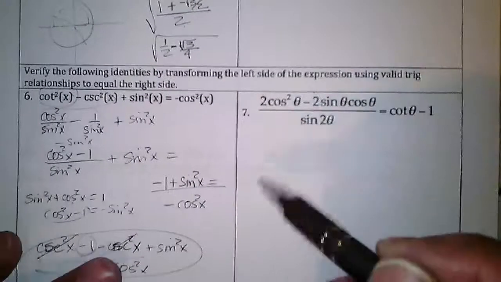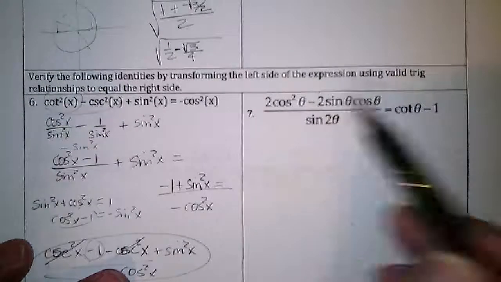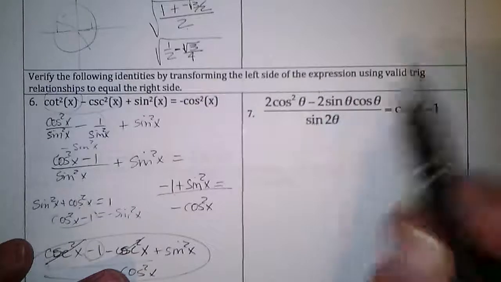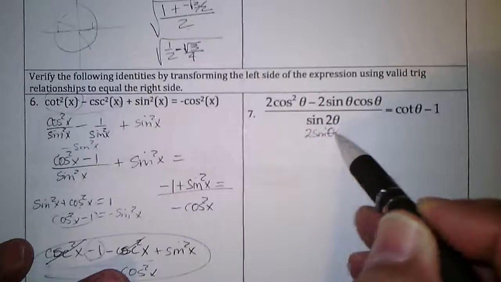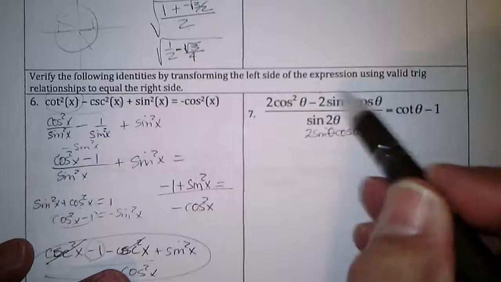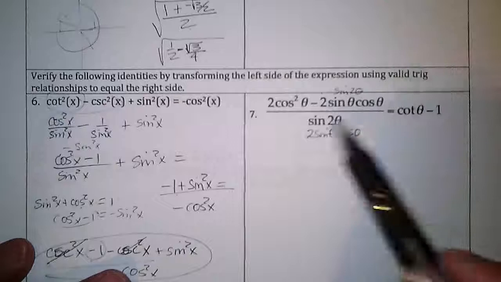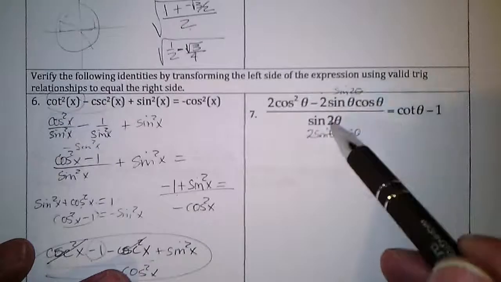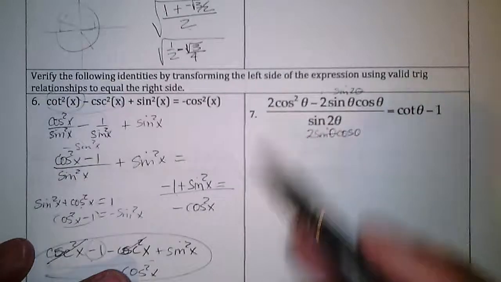This one, some people are not real good with their algebra skills here. You could write sine of 2 theta as 2 sine theta cosine theta, or you could write 2 sine theta cosine theta as sine 2 theta. So you could put this over sine 2 theta, minus sine of 2 theta over sine of 2 theta, and that would be 1, and we could just simplify that. Let me do that.